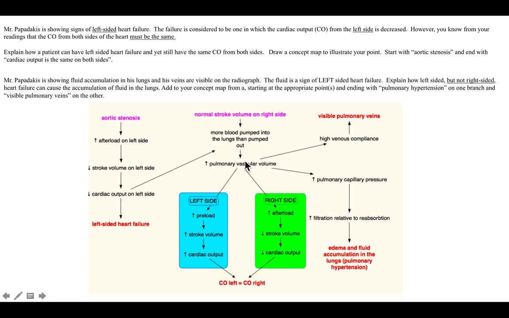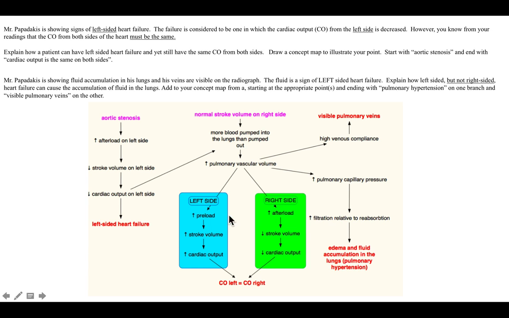When you increase the pulmonary vascular volume as a result of left-sided heart failure, you increase pulmonary capillary pressure, you increase filtration relative to reabsorption, and you increase edema, and basically you get pulmonary hypertension in the lungs. This is also why the veins tend to be more visible on a congestive heart failure, left-sided heart failure radiograph.